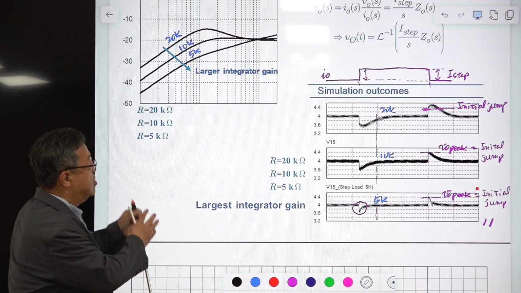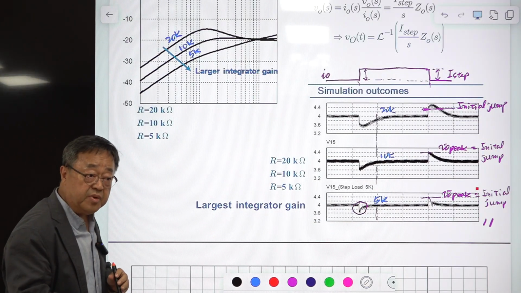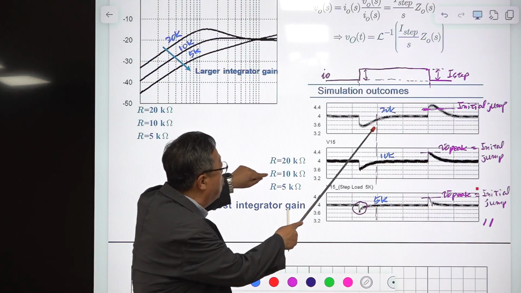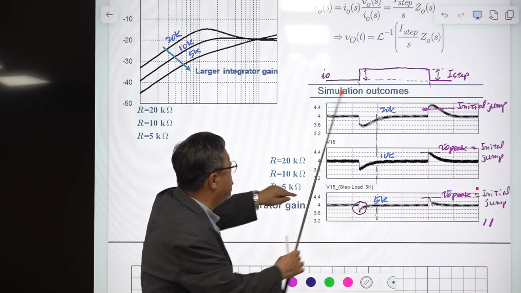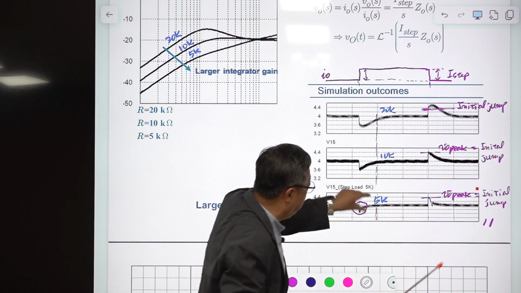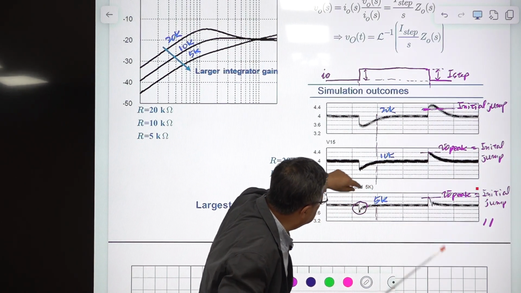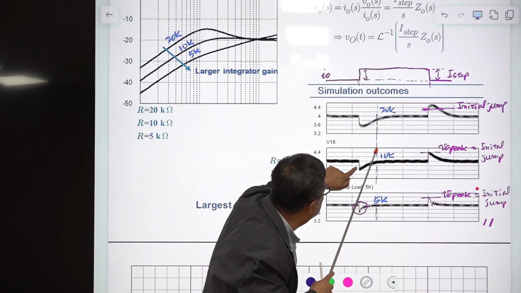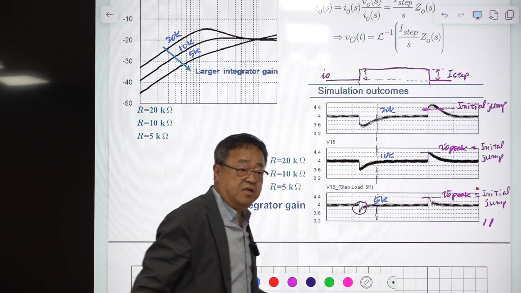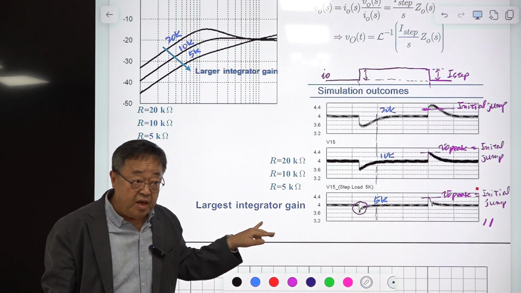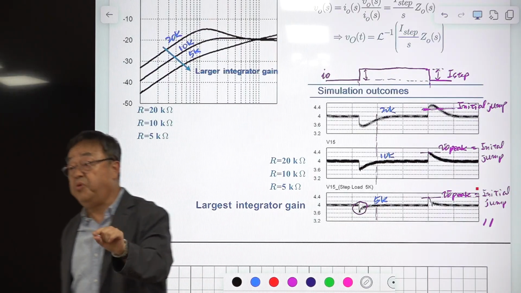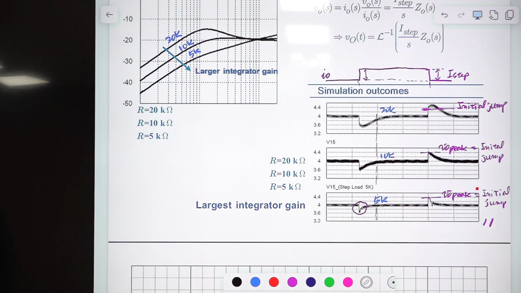But if you compare the settling time, initially this is slow, initially this is fast, but finally reaching some finite percent of the steady state value, if you consider this is the settling time, then settling time almost remains the same. And settling time is determined by the compensation zero of voltage feedback compensation circuit. Okay, this is the same, right?